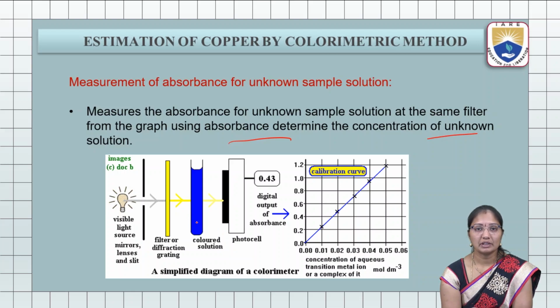Based on the absorption of the light, we get the absorbance in the colorimeter. Based on the absorbance we got, we are going to plot a graph with absorbance on the x-axis and concentration on the y-axis and correlate.